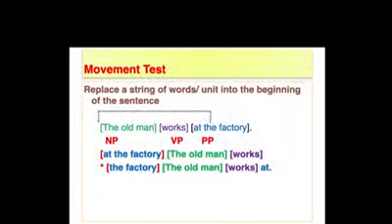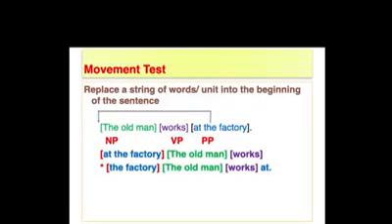Movement test. Move a string of words or units to the beginning of the sentence. Now, this is another type of test which will show us if the sentence stays grammatical or not. Now, look at these constituents here. We have the first constituent, which is the NP, the old man. The second, VP, works.